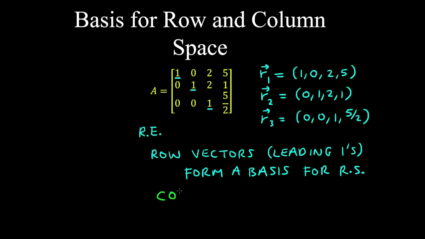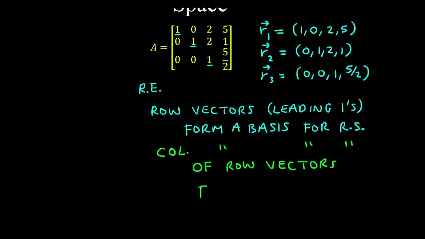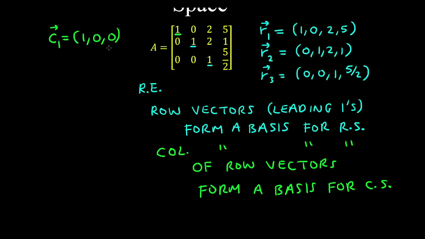Now alternatively, the column vectors with leading ones of the row echelon form form a basis for the column space of the matrix A. So here we have a leading 1 in this row, so the column vector 1, 0, 0, and we have another leading 1 in this row.